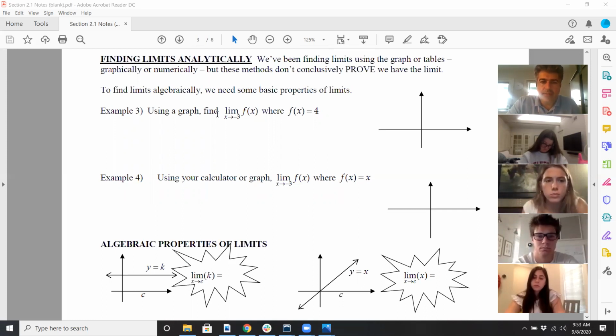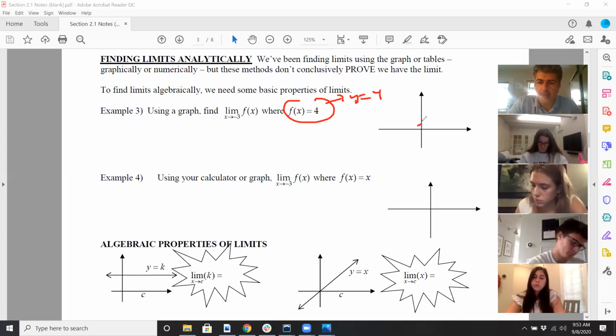So using a graph, find the limit as x approaches -3 of f(x) equals 4. Well, f(x) equals 4 is like saying y equals 4. We should be comfortable drawing that by now.